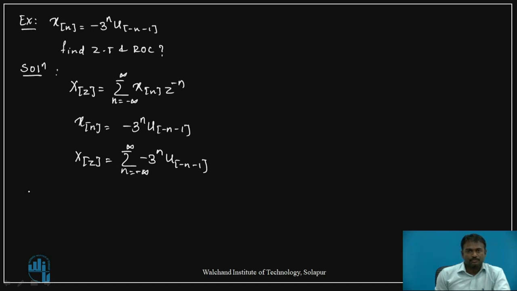So pause the video for some time and recall the definition of unit step signal u of n. I hope you have recalled the definition of unit step signal, that is u of n.